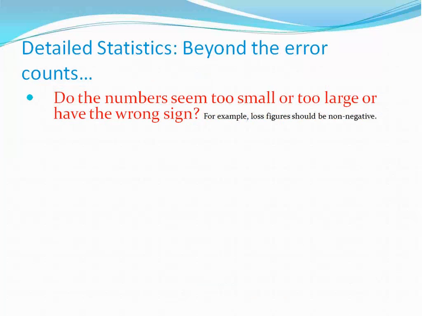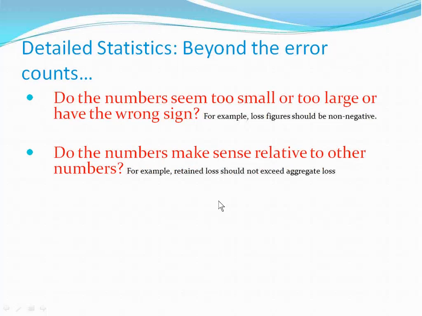For example, you want loss figures to be non-negative. If in the summary output you see negative losses, then you might want to check your model. You would also want to see whether the numbers make sense relative to the other numbers. For example, retained loss should not exceed aggregate loss.